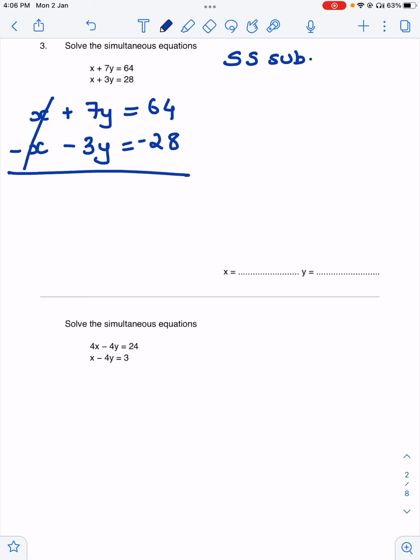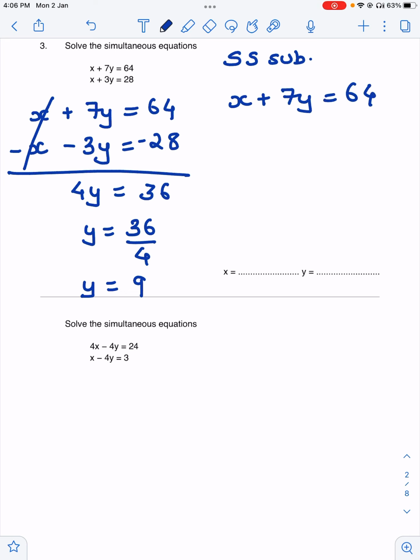x minus x gets cancelled. 7y minus 3y gives me 4y. 64 minus 28 gives me 36. So y is equal to 36 upon 4. I get the value of y as 9. Let me substitute to get the value of x. I have the first equation, x plus 7y is 64.